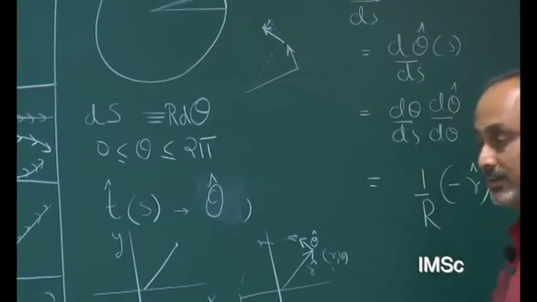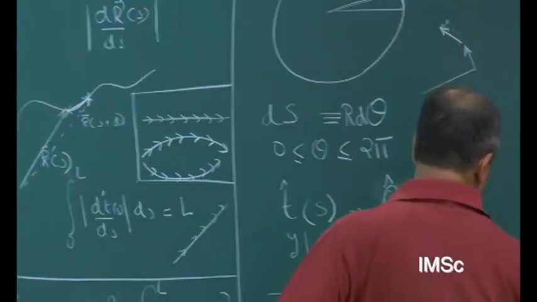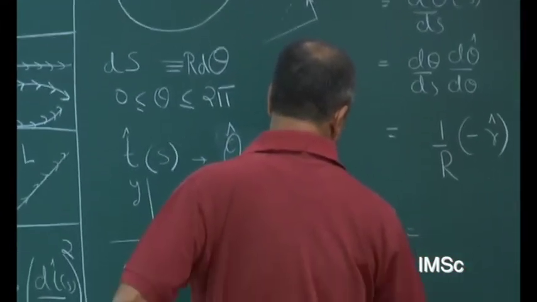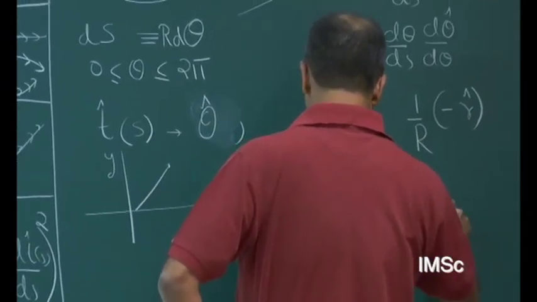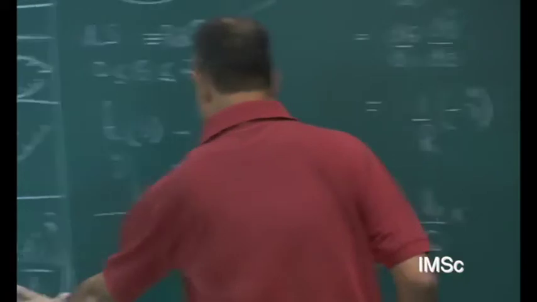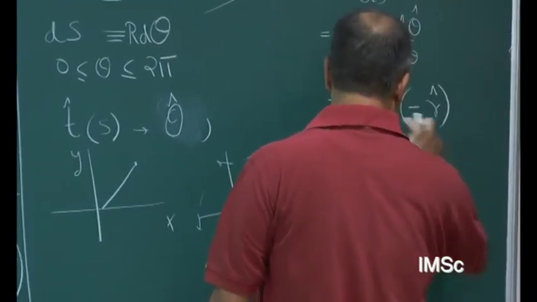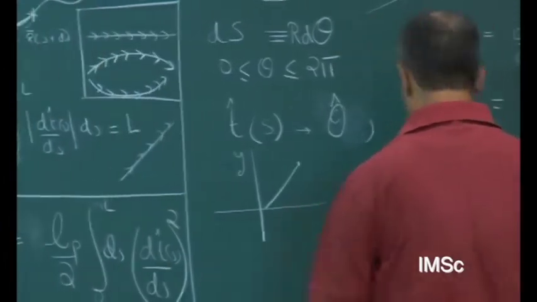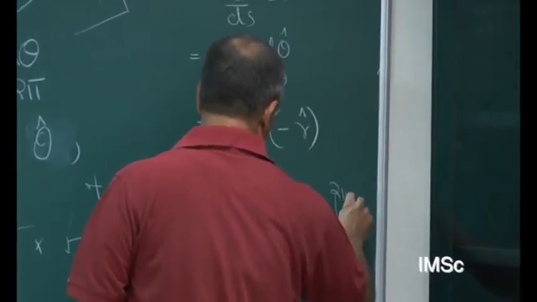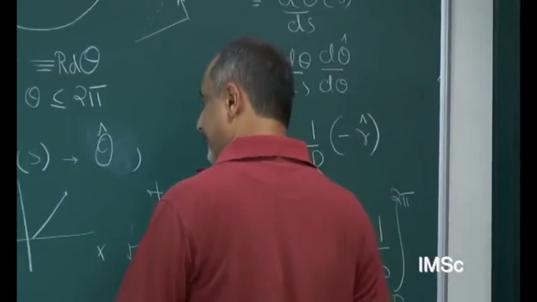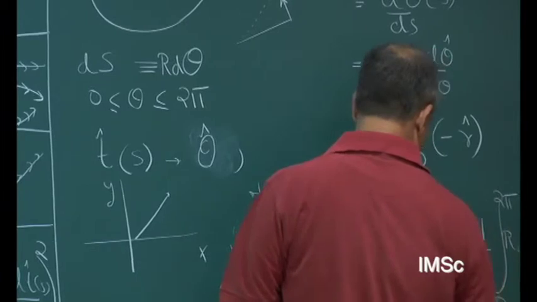Therefore, this energy here divided by kBT is just Lp divided by 2 into the factor of 1 over r squared, r hat dot r hat, because it's squared here, that gives me 1, and I must integrate between 0 and 2 pi of ds, which is r d theta.